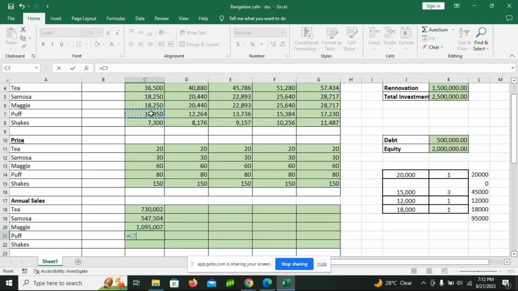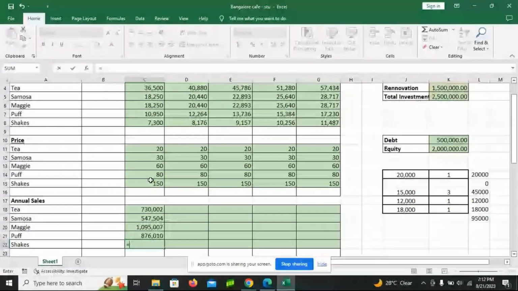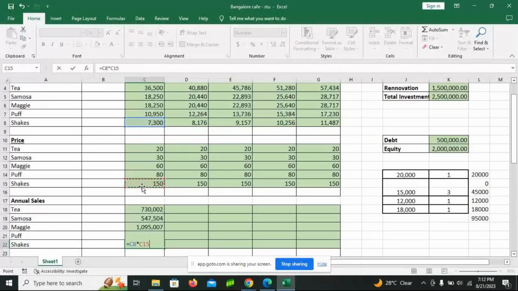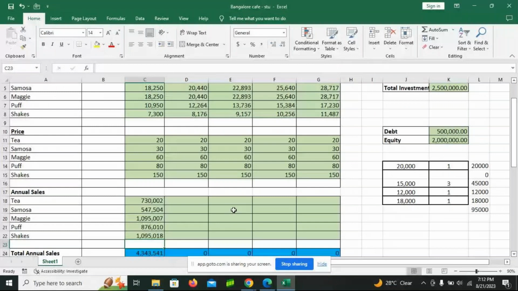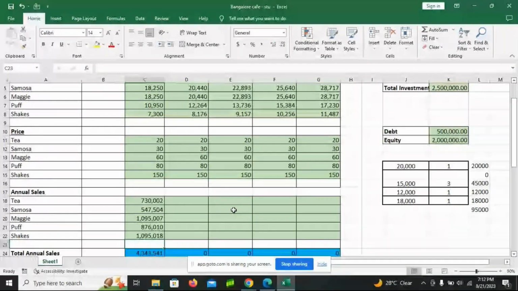Puff into 80. Shakes into 150. So I'll just drag the same.